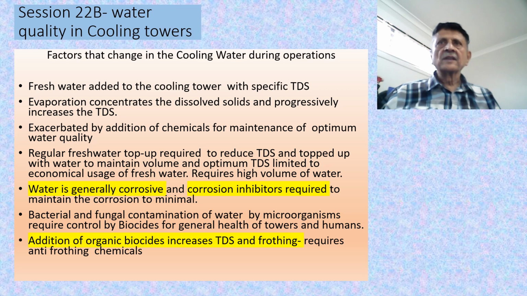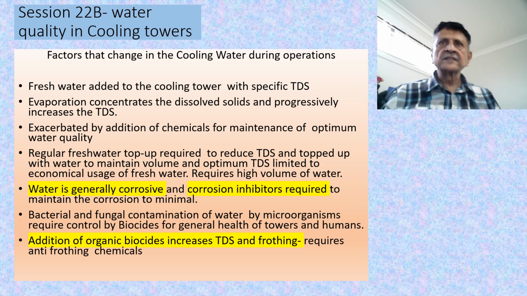And if there is a high TDS, we have to do a blowdown to reduce that TDS to a workable, acceptable quantity. Of course, we have to add chemicals so that you have the maintenance of the quality. These chemicals will be corrosion inhibitors, algae inhibitors, bacteria biocides.